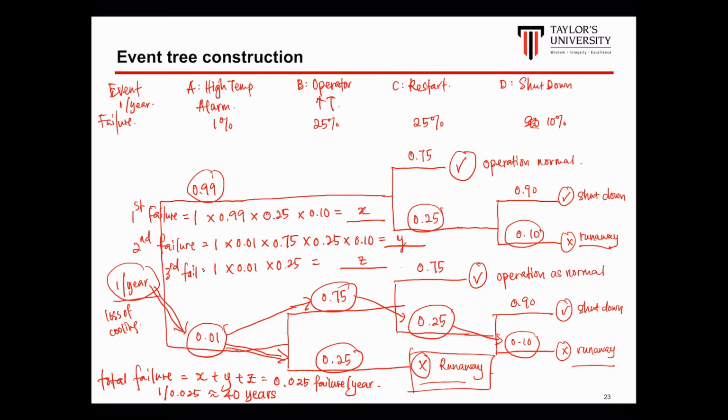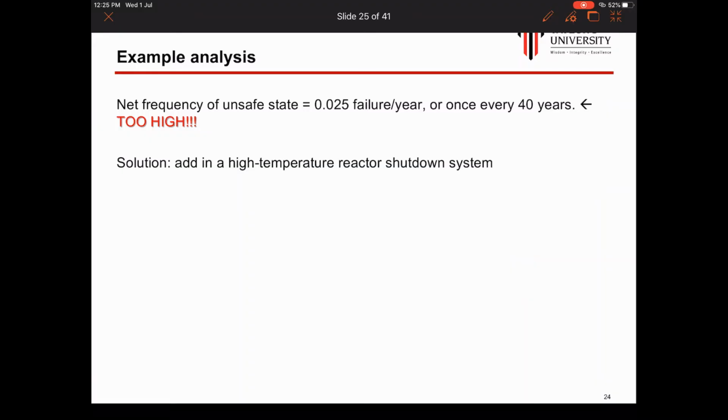Yeah, so this resolves this example here. As you can see, the failure rate is what we calculated, 0.025 failure per year, which converted to 40 years is actually extremely high.